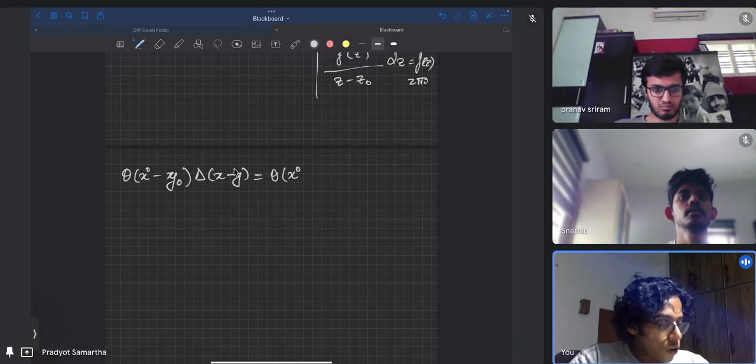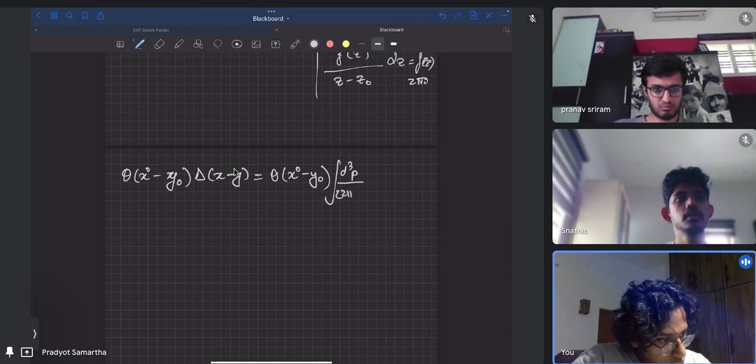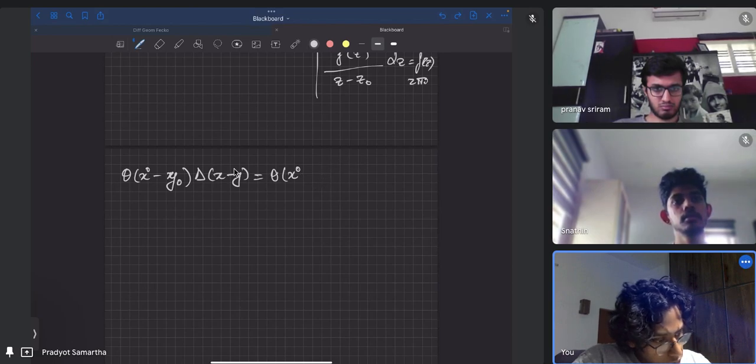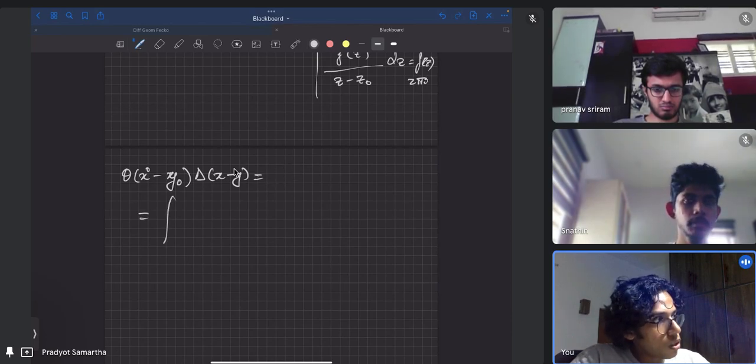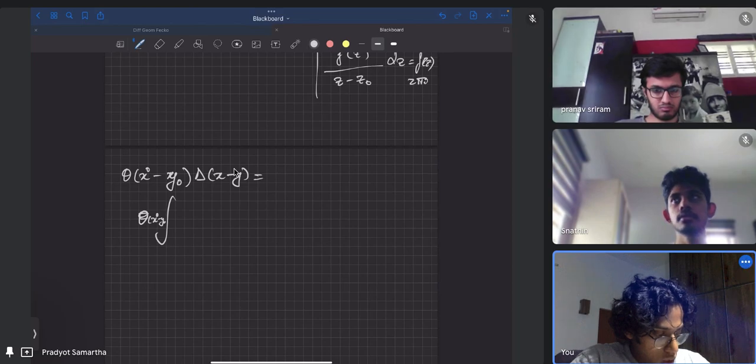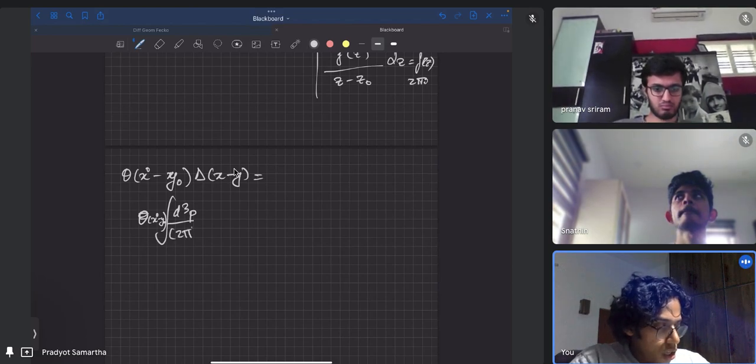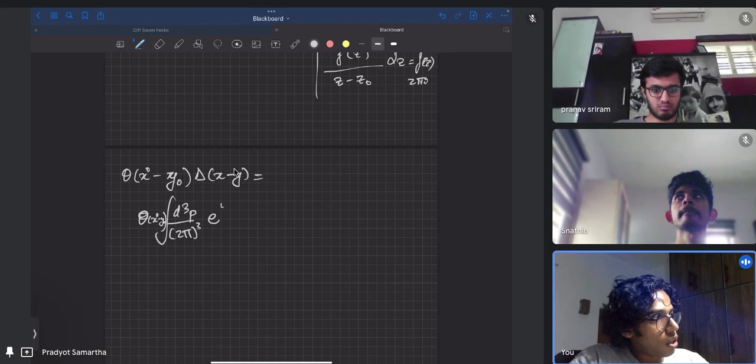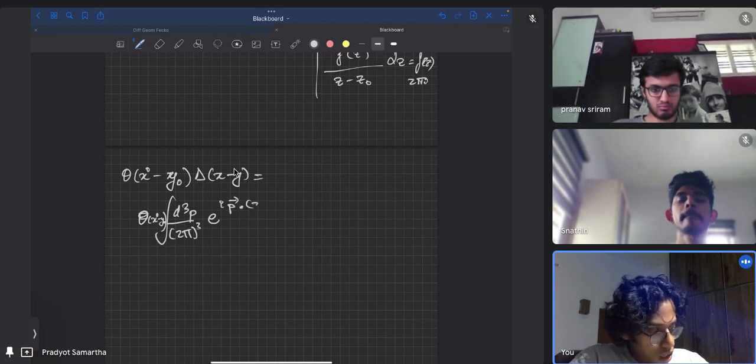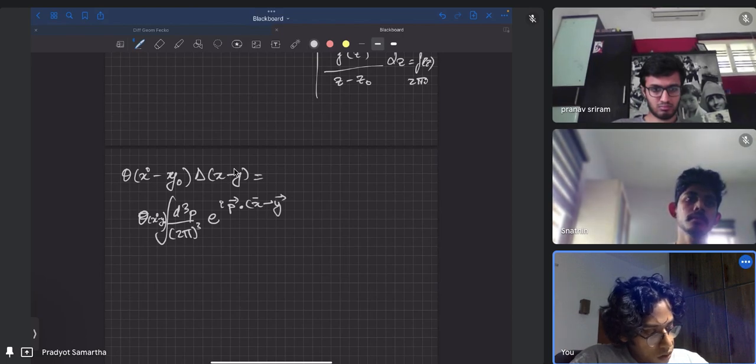Theta of x naught minus y naught, integral of d3p by 2 pi cubed, e to the power of i p dot (x minus y), times 1 by 2 pi.